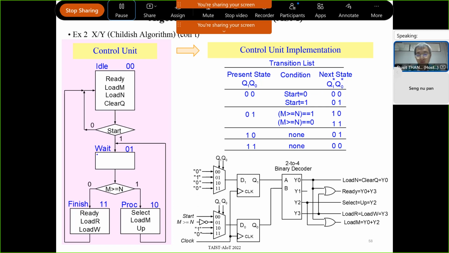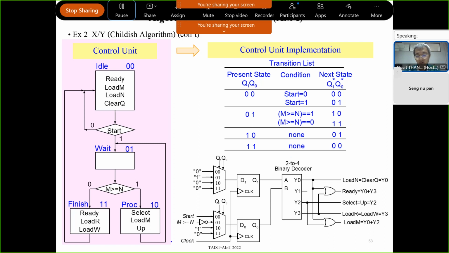And for state wait, it will go to state process, 10, when this condition becomes true. If this condition becomes false, it goes to state finish, or 11.